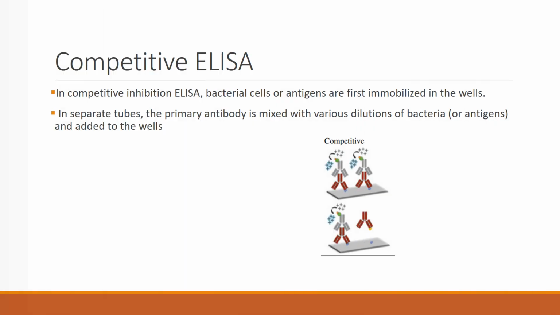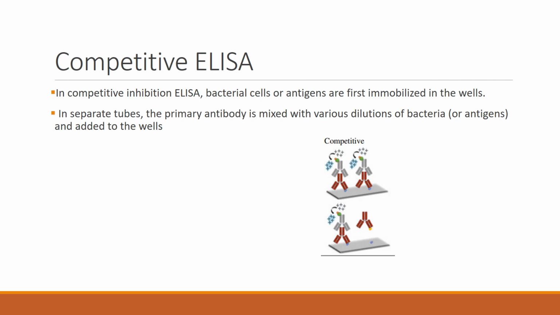Third, competitive ELISA. In competitive inhibition ELISA, bacterial cells or antigens are first immobilized in the well. In separate tubes, the primary antibody is mixed with various dilutions of bacteria and added to the wells. Now, the previously mixed antibodies and antigens are added to the wells.